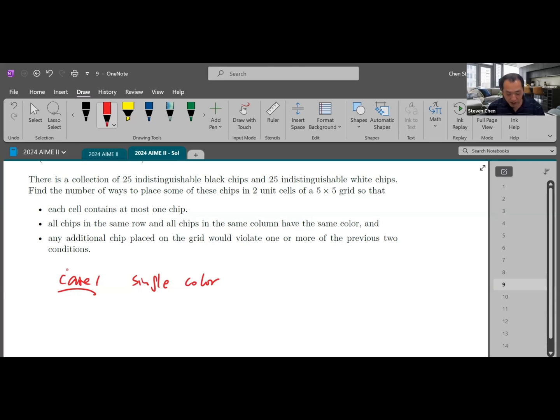No, because if we have 10 white chips, we can still add 15 more white chips to occupy those empty cells, and that will not violate the first 2 conditions. So the final solution in this case is that the board is entirely occupied by 25 same-color chips. Either the board is entirely white or entirely black. Therefore, the number of solutions in this case is 2.